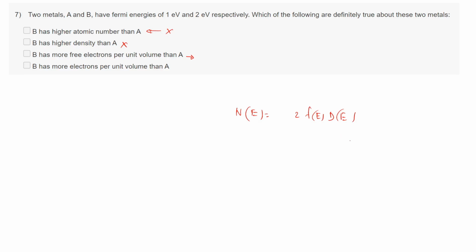So when we're talking about the free electrons, the Fermi energy EF is given by h bar square by 2m times 3 pi square n to the power 2 by 3.